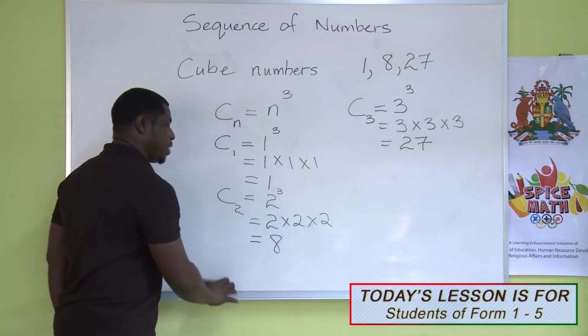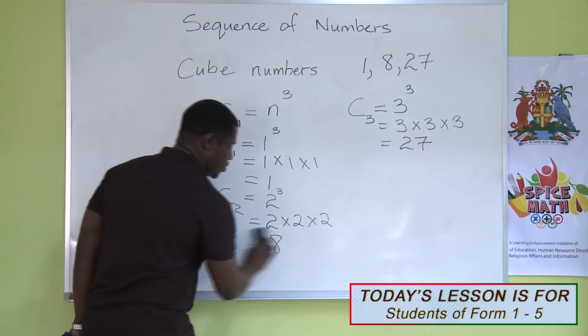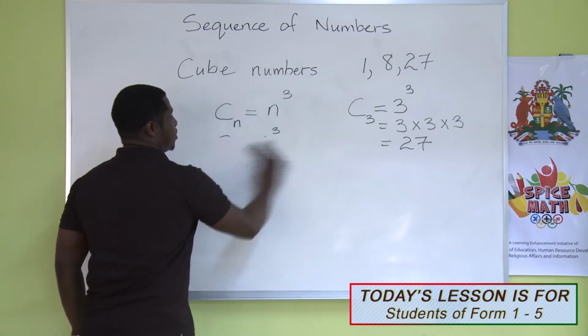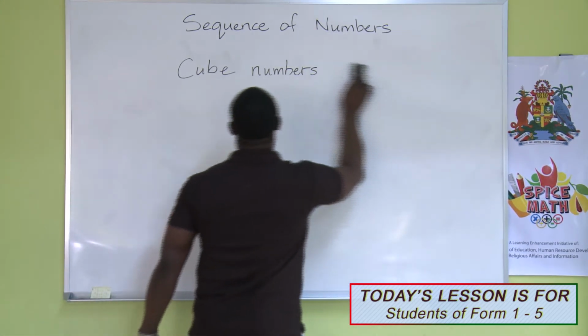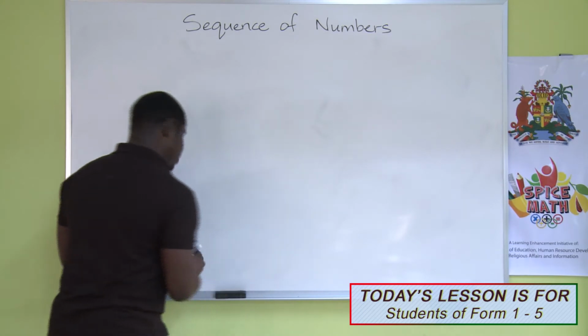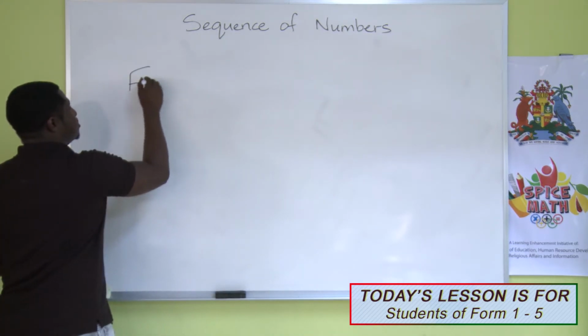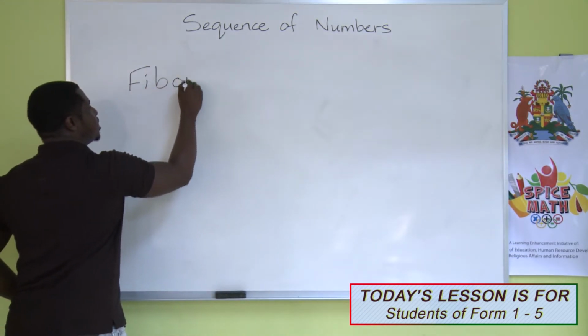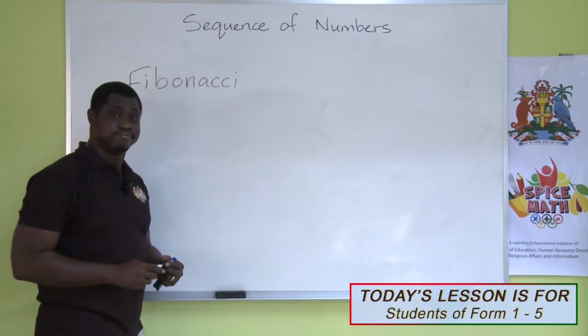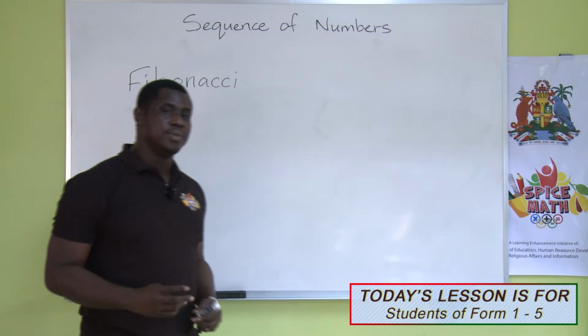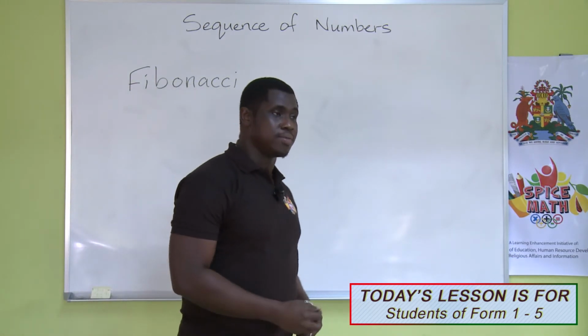Now the final pattern that I'm going to look at with you today sounds like a little fancy word. This pattern is called the Fibonacci pattern. Now, what happens with the Fibonacci sequence?